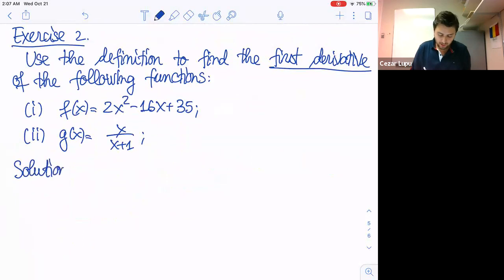And let me remind you that the derivative of a function at a point is nothing else than the limit of the difference quotient.